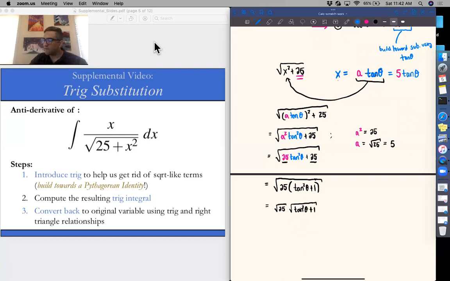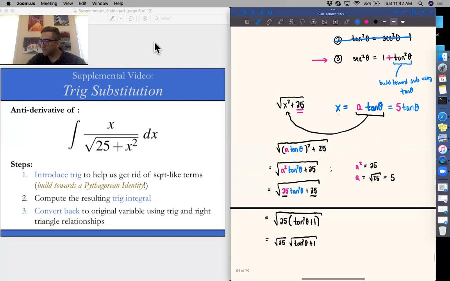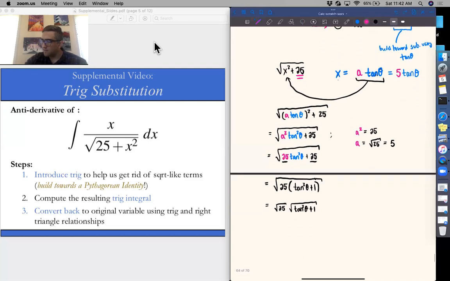And from what we've seen from our identity above, tangent squared plus 1, or 1 plus tangent squared, that's actually equal to secant squared. So underneath that square root, we can rewrite that as a secant squared.